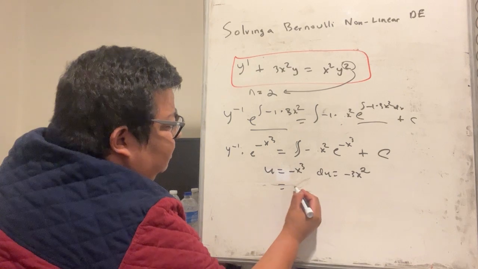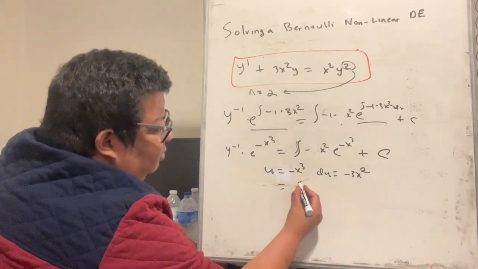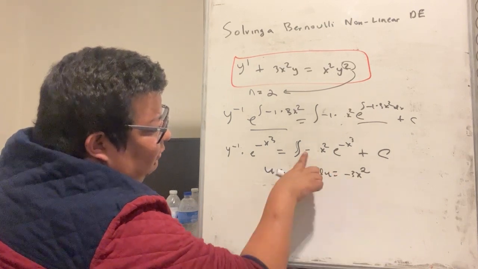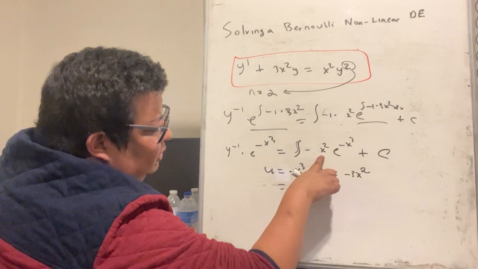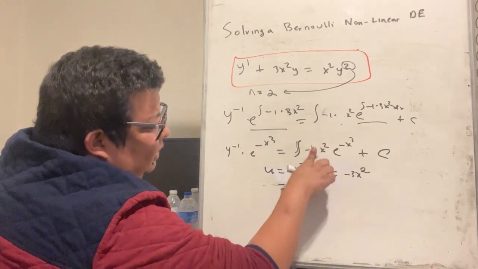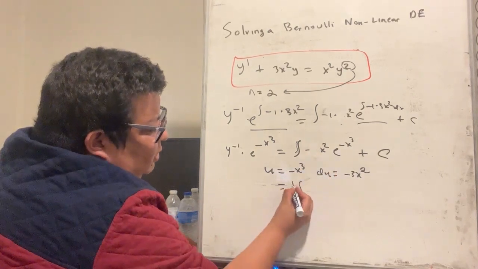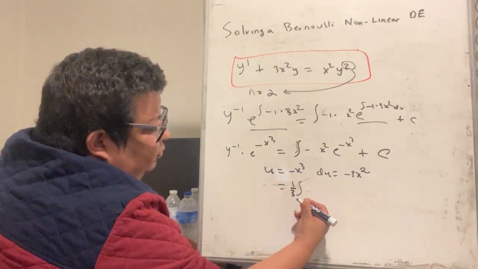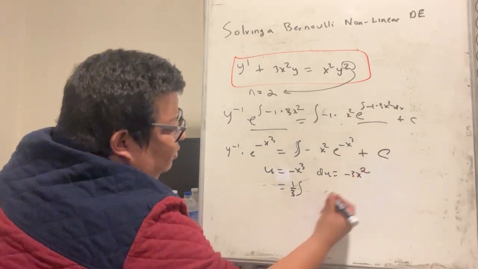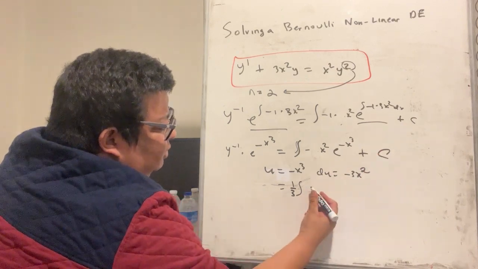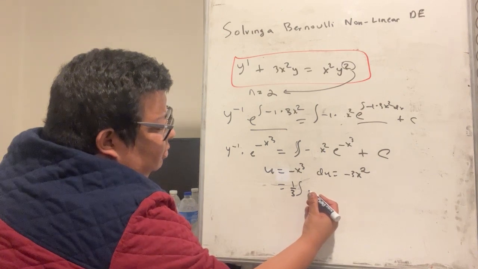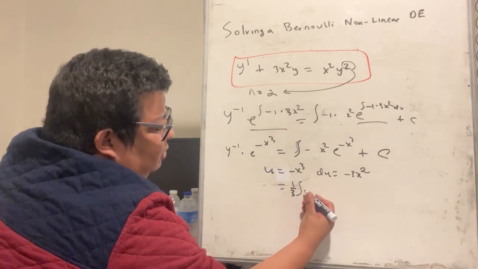Okay, so now the right side becomes, so now we have a negative 3, we have an x squared and an x squared. The only thing we don't have here is a 3. So what we have to do is multiply by 1 over 3. And when we integrate, we have to do the same for the constant c.